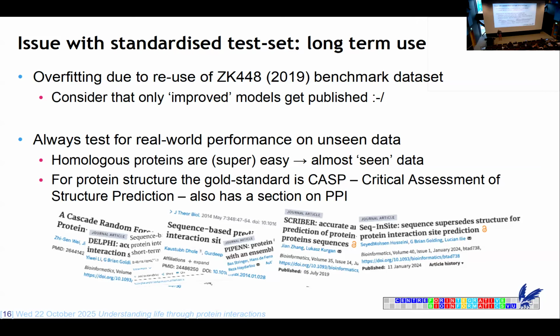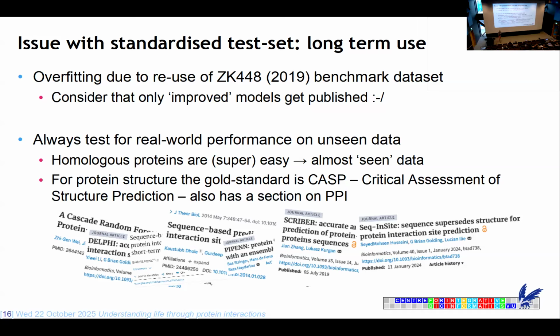So as a community, you're learning on this one data set. So after one cycle actually, it's no longer external, new, unseen data. It's part of your meta training loop. So this probably explains why Second Sight was performing better on that benchmark data set, because it was effectively meta trained on it. This is just a selection of different methods over the years that were using the same benchmark data set.